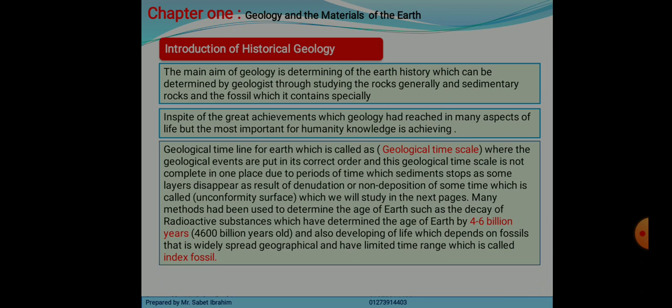Fossils that are widely spread geographically and have a limited time range are called index fossils.